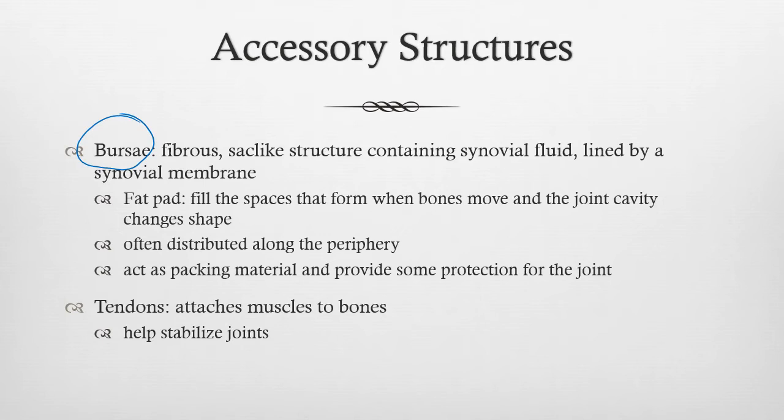Oftentimes, those bursa are padding things like tendons that may be coming across the joint itself. Those tendons are associated with muscles, and those muscles pull on the tendons. The tendons then pull the bone, and that allows for the movement of the joint as well as stabilizing the joint.